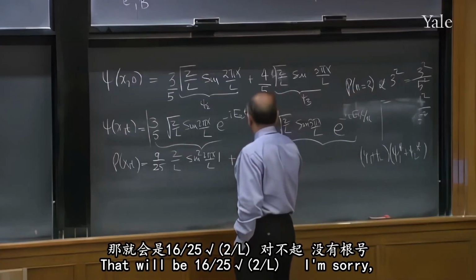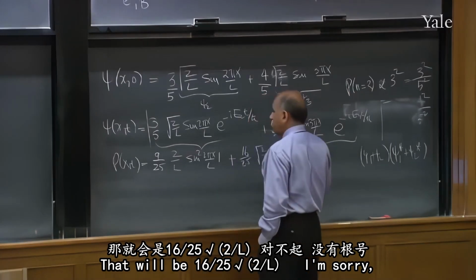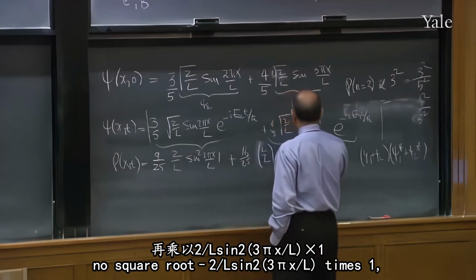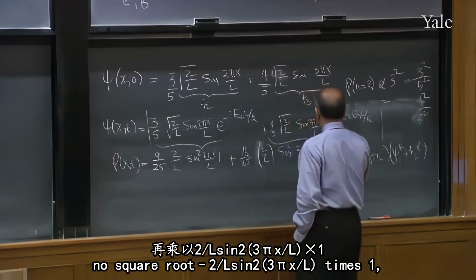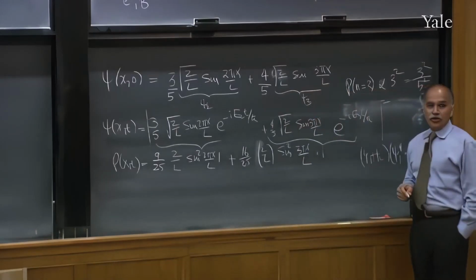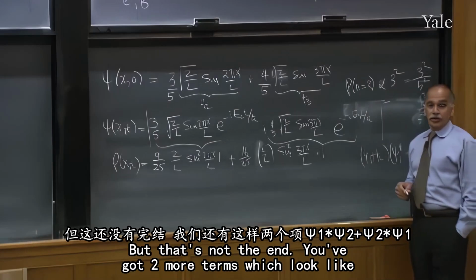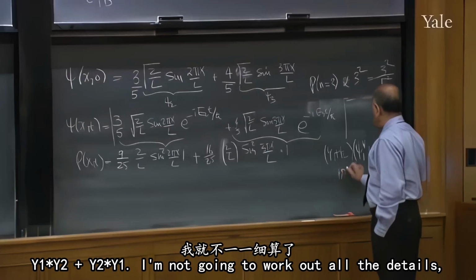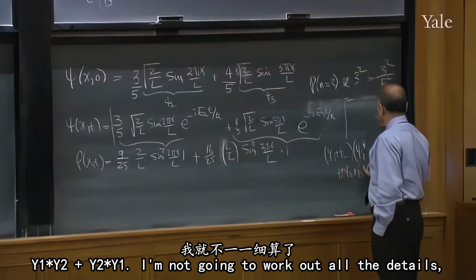That will be 16/25 times, I'm sorry, no square root, 2/L sine squared 3 pi x over L times 1, because the absolute value of this guy with itself is 1. But that's not the end. You got two more terms which look like psi 1 star psi 2 plus psi 2 star psi 1.